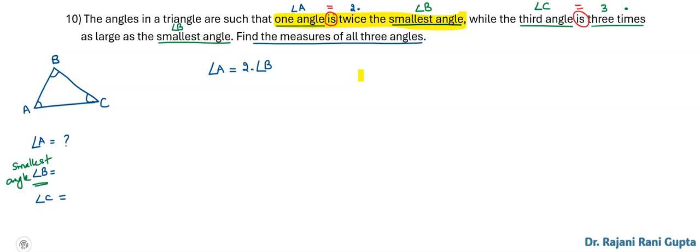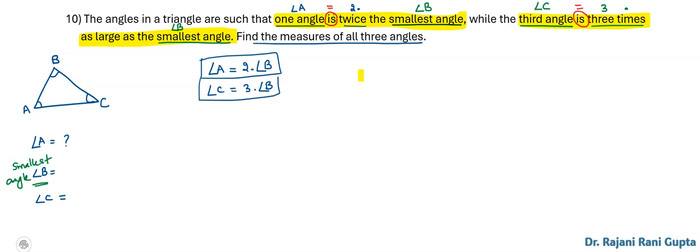Angle B. So if we form the equation for this, angle C is 3 times as large as the smallest angle. So this will give you angle C is equal to 3 times angle B. Okay. So here they used only the single word twice and they used 3 times as large as. Or they can simply write 3 times the smallest angle. So it's the same thing. Okay. So we got these two things from the question.